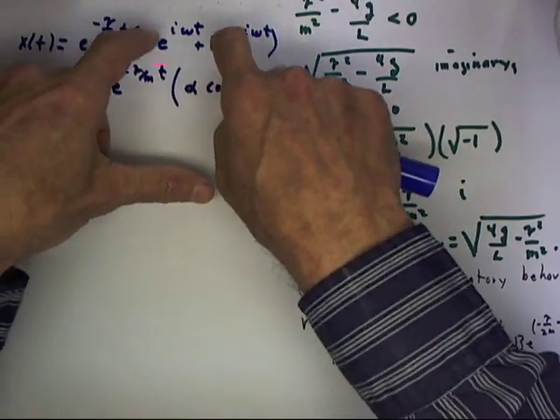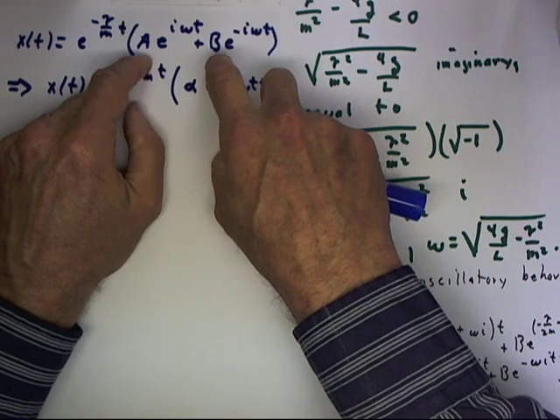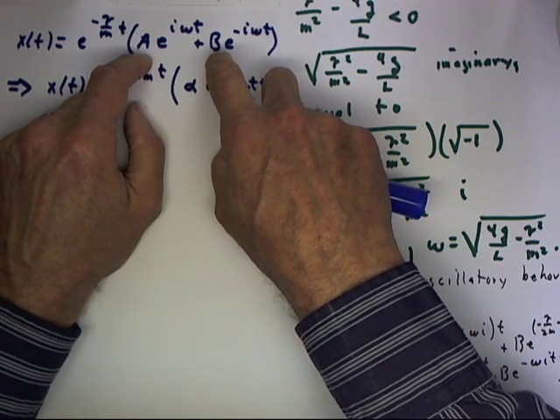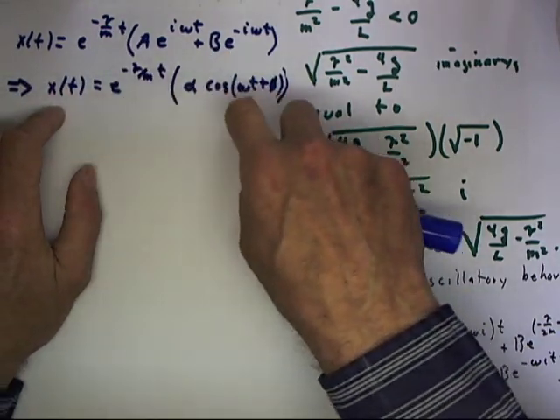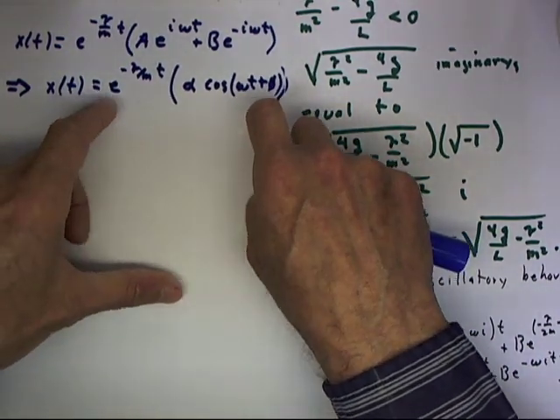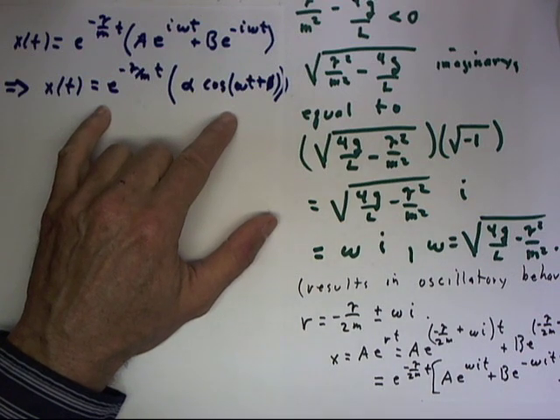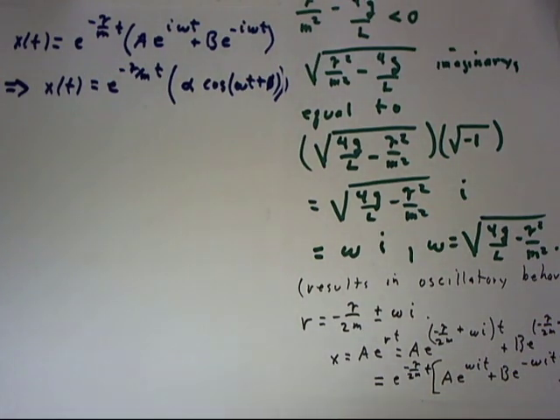Now, this isn't really equal to this, but if we choose our A and B properly, we can make it equal to this. So this is a valid solution to the equation, and it turns out to be a valid general solution to the real behavior of this system.